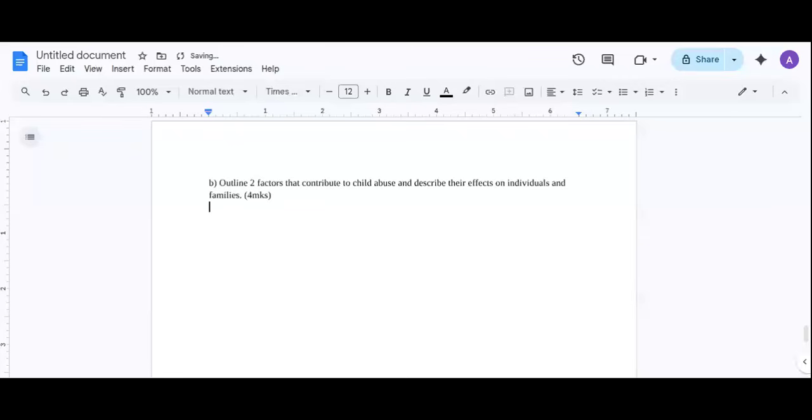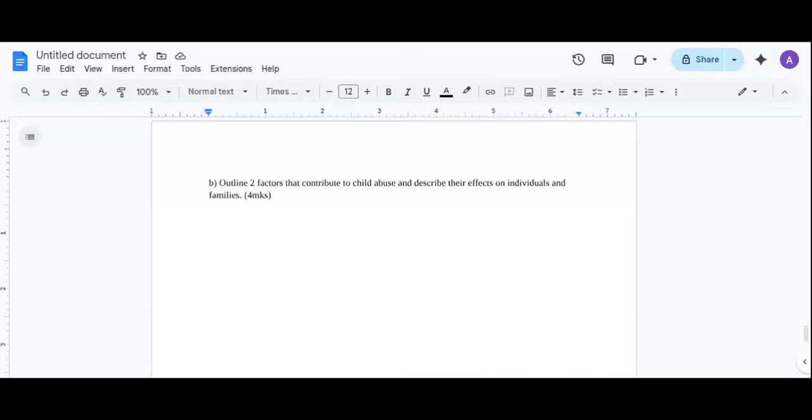Good. Absence of parents. Anybody? Annalise? Miss, unemployment, which can cause personal stress, which can lead to child abuse. Good. See if there's anybody else who wants to respond.